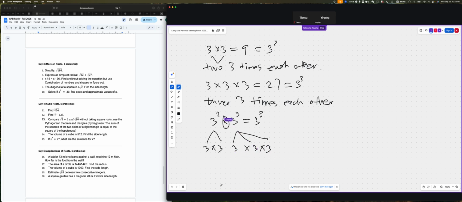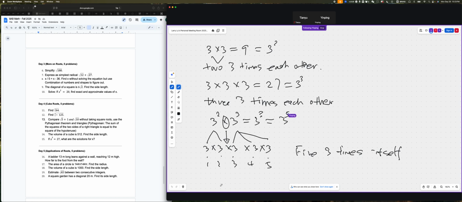Then I multiply them. How many 3s? 1, 2, 3, 4, 5. I have 5 threes multiplied by itself, so it's equal to 3 power 5.